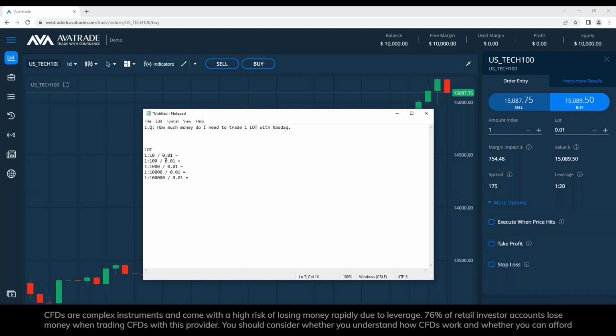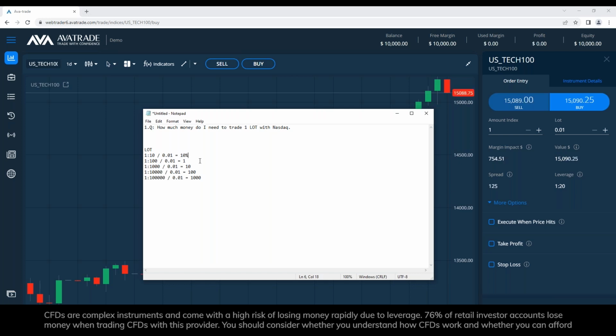When one lot equals 100, so 1% is 100. When it's 10, 1% of 1,000 is 10. 1% of 10,000, that's 100. 1% of 100,000, that's 1,000. And in here, it's not going to be a complete one. It's going to be 10% of a unit.